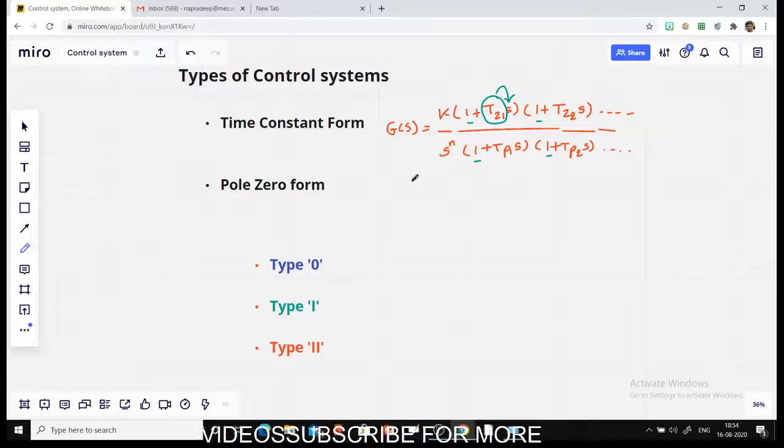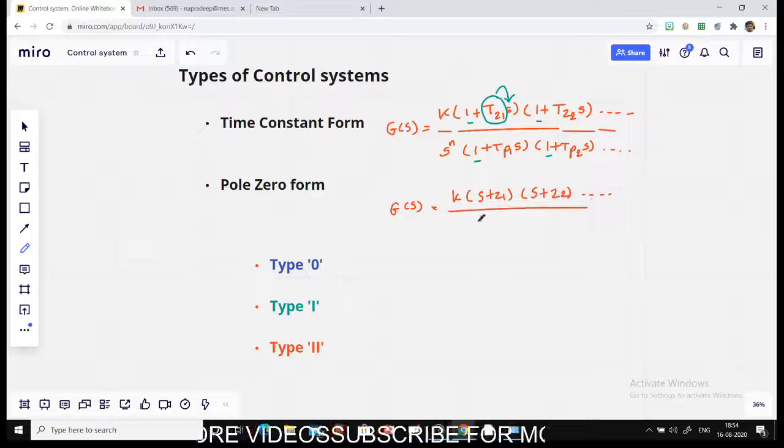Now the second type of form is called pole zero form, and we will use it very commonly in our coming videos and also in solving various methods. It is K into (s plus z1)(s plus z2), and so on, and in the denominator you will get s raised to n, (s plus p1)(s plus p2), and so on.